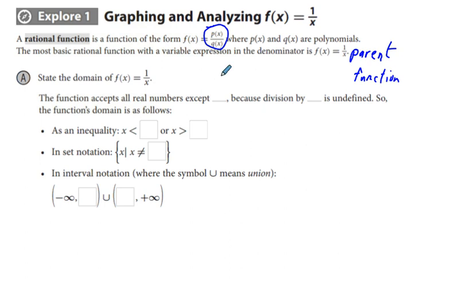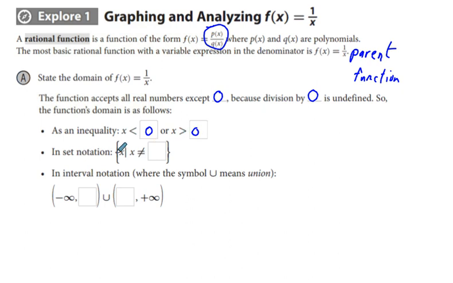So next, state the domain of f equals 1 over x. The function accepts all real numbers except what? We cannot divide by 0 in math or in algebra because division by 0 is undefined. So the function's domain is as follows. As an inequality, x is less than 0 or x is greater than 0.